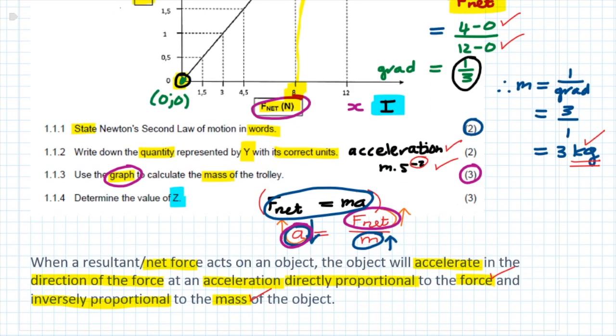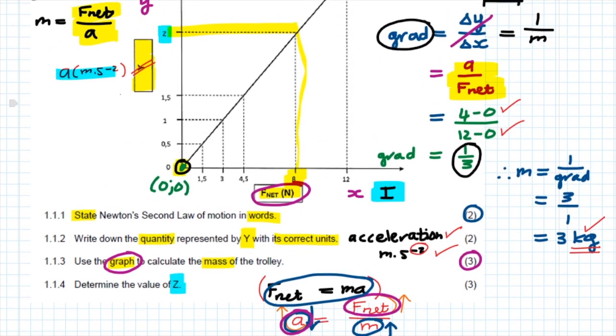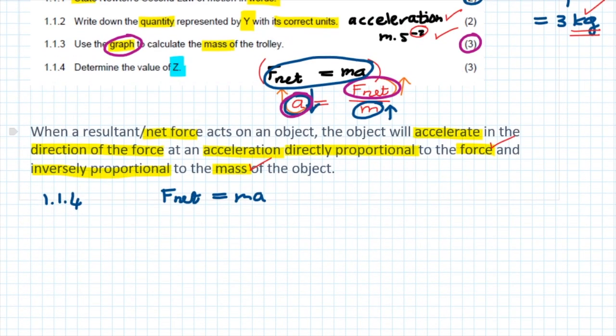Now, in this problem, they do not say that we need to specifically make use of the graph, so you're welcome to make use of the gradient and to substitute into a mathematical formula, but I'm going to instead make use of a formula that you're very familiar with, which is F net equals ma. We know that the net force for the Z value is 8, so in the place of the net force, I'm going to put 8.